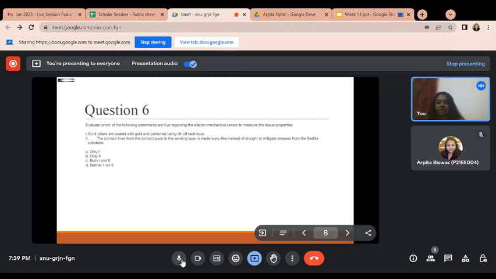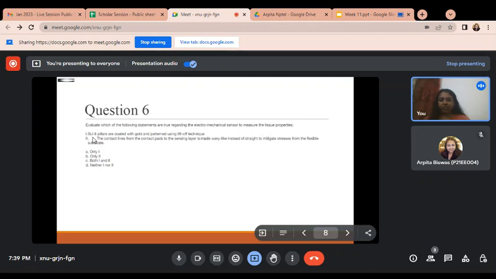So the right option is both A and B. It means option C is the right answer. Evaluate which of the following statements are true regarding the electromechanical sensor to measure the tissue properties.